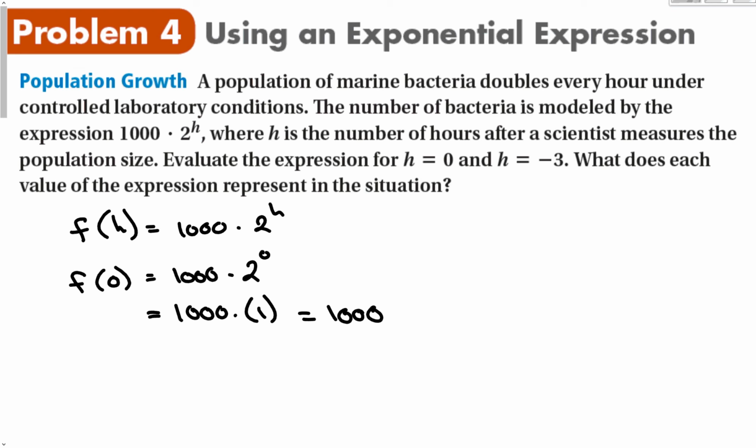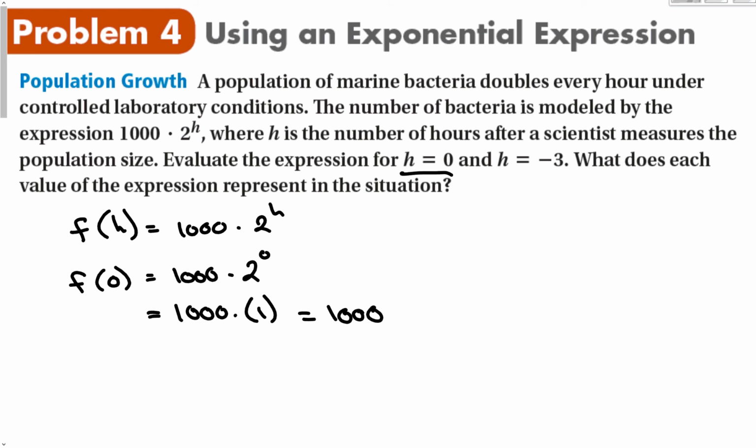So that means that there were 1,000 bacteria present at 0 hours. So there were 1,000 bacteria when the experiment started, or when we started timing, or time 0, whatever that happens to be.